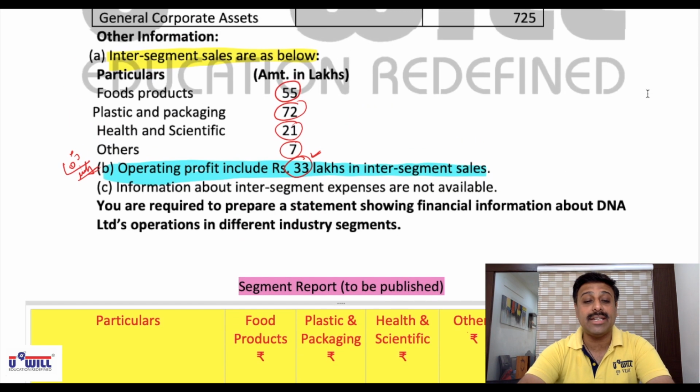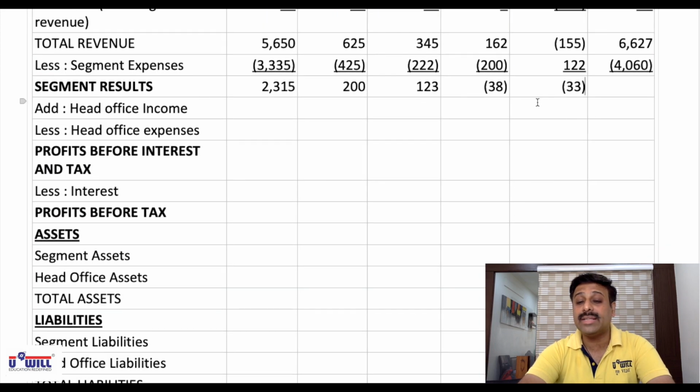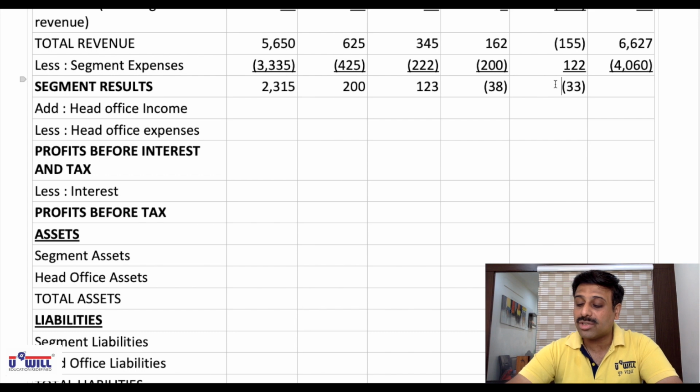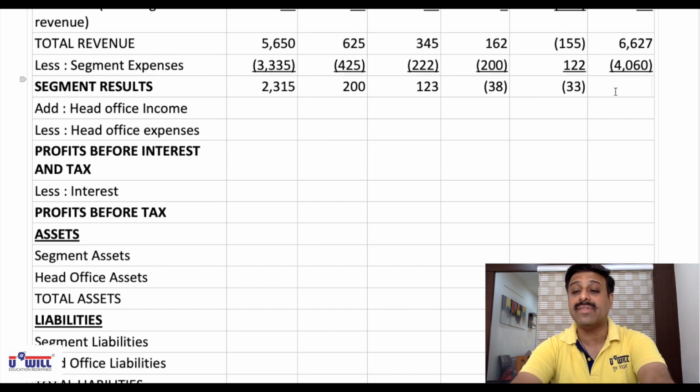That was already given in adjustment B also, that 33 lakhs is inter-segment profit to be eliminated. So 6627 minus 4060 will come to 2567, which you can also cross check with 2315 plus 200 plus 123 minus 38 minus 33. So that will also come to 2567.